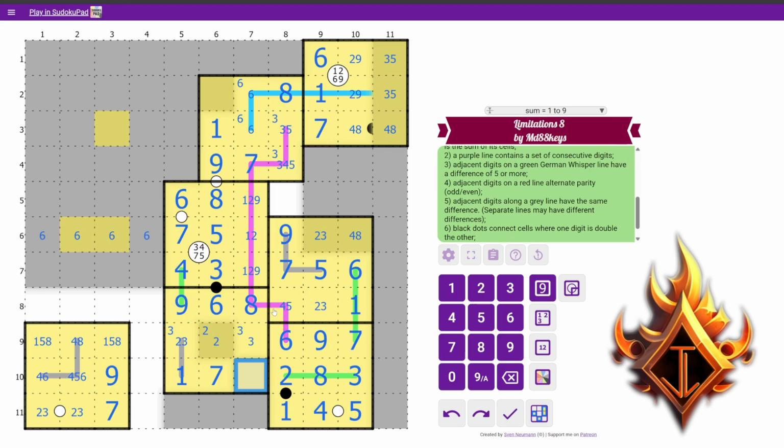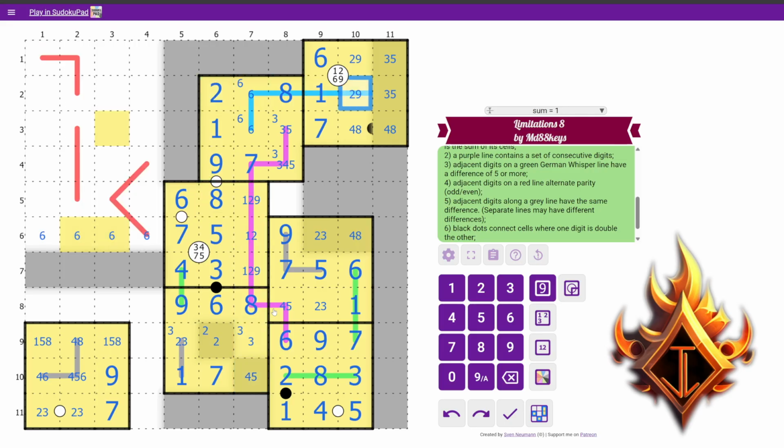Alright, this 1, 2, 3, 4, 5, 6, 7, 8, 9. This is 4 or 5 only, because 6 is in the box already. 1, 2. 2 has to be right here. Oh, yay. Now we got a 9 here.